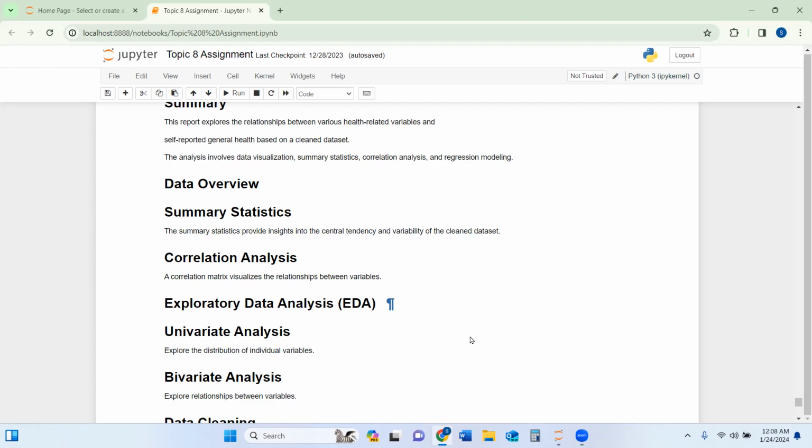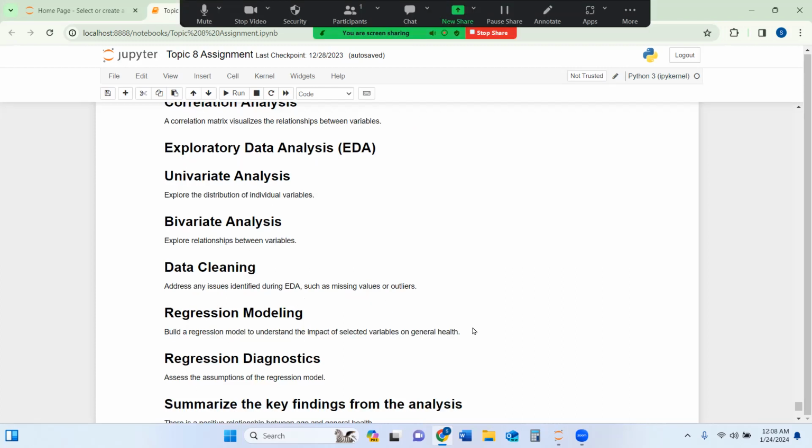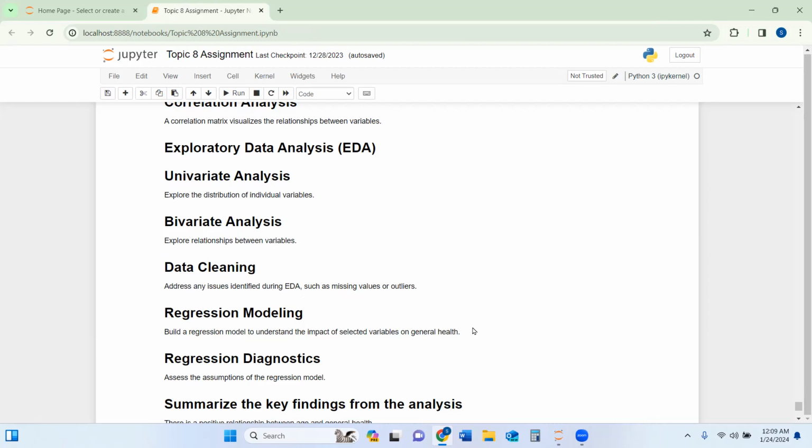The data cleaning addresses any issues identified during EDA, such as missing values or outliers. The regression modeling was done by building a regression model to understand the impact of selected variables on general health.